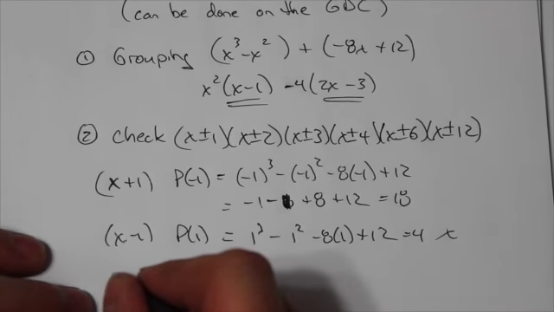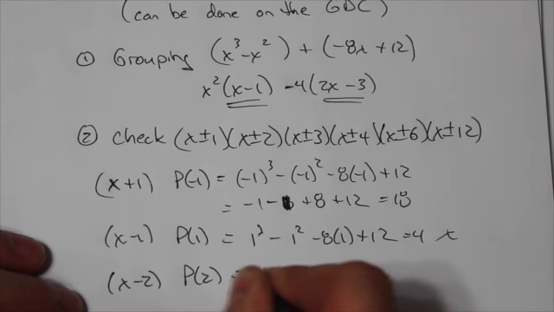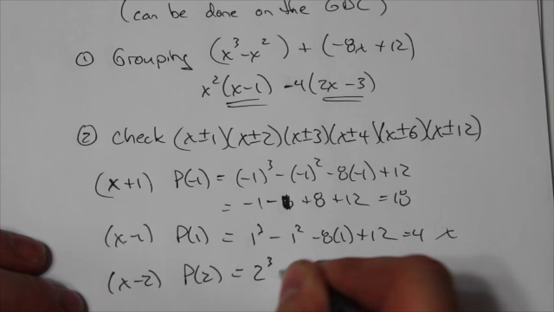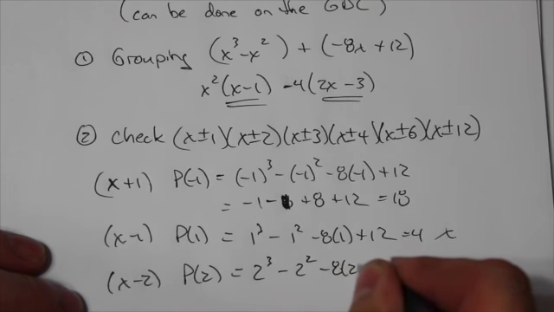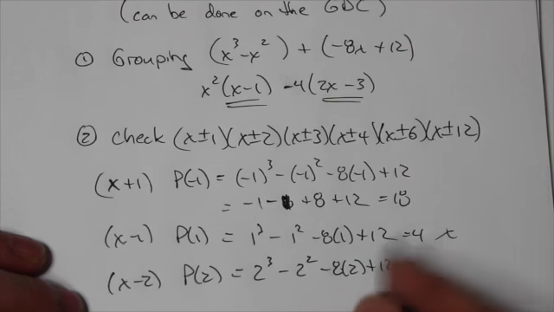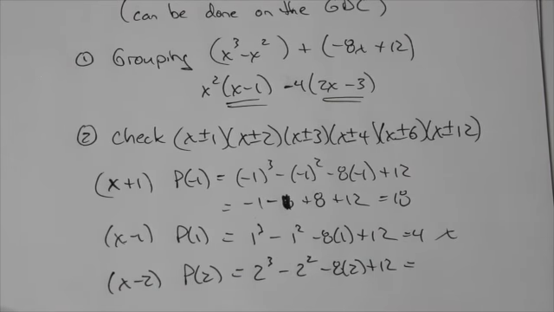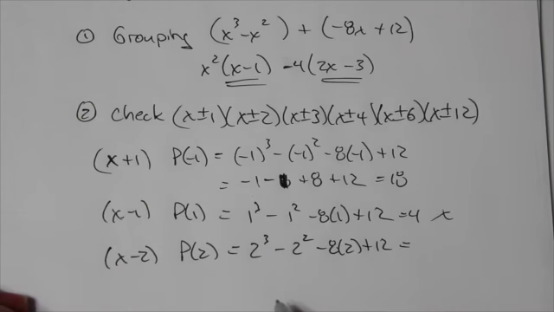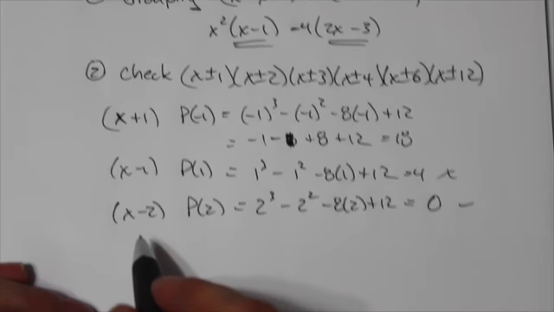I'm getting kind of lazy here, and I already know what's coming, so let's try checking this one. That's 2 cubed minus 2 squared minus 8 times 2 plus 12. That's 8 minus 4, which is 4, minus 16 is negative 12, plus 12, and look at that, it equals 0. So there's our first factor.